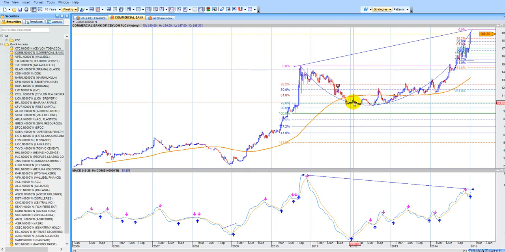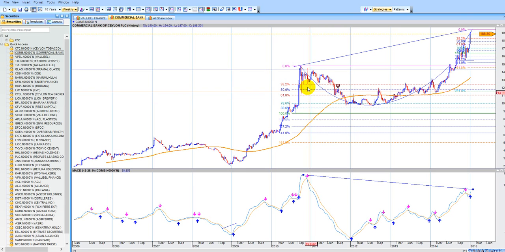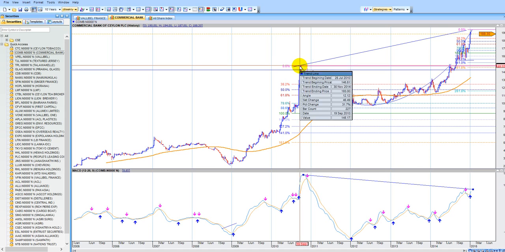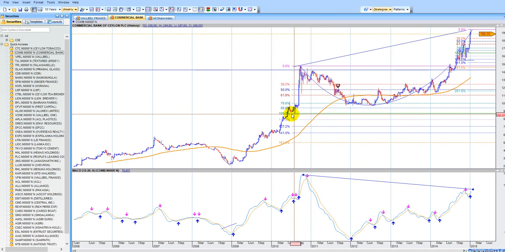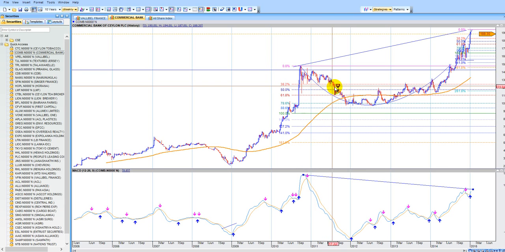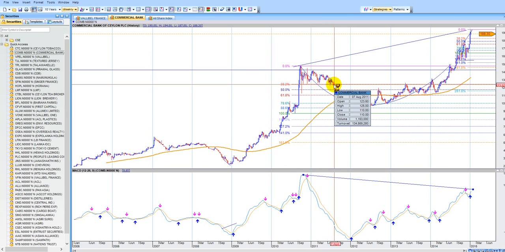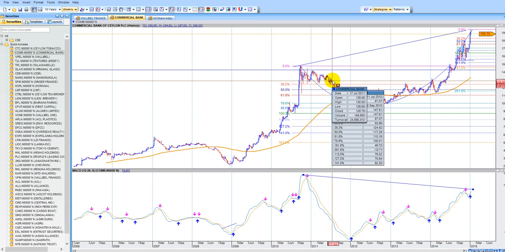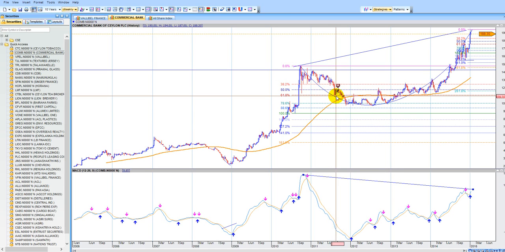Now this is why it's very important. Assume that you were here, you would have expected for a correction. If you had expected for a correction of about 38.2, you would have entered here thinking it was lucky, and then what happened was the price started breaking the 38.2 towards, with a huge red candle here, towards the 61.8.